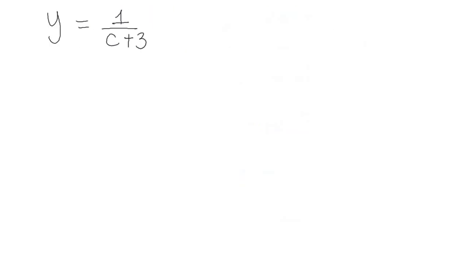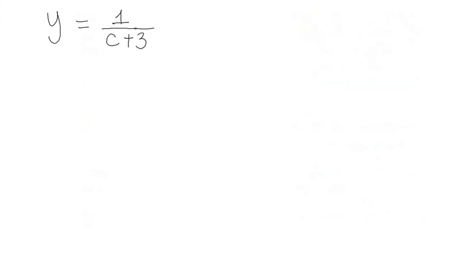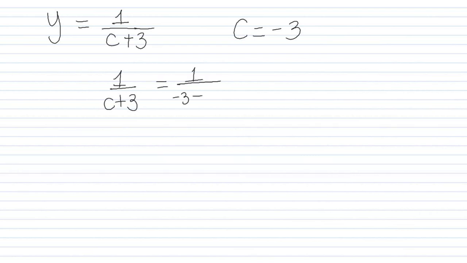And we're asked, when we're dealing with the following system of equations, for the value of the parameter c where there is no solution. Well, the way for us to get no solution in the above equation is if c equals minus 3, because 1 over (c plus 3) becomes 1 over (minus 3 plus 3), which is the same thing as 1 over 0.